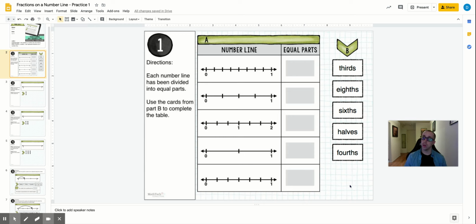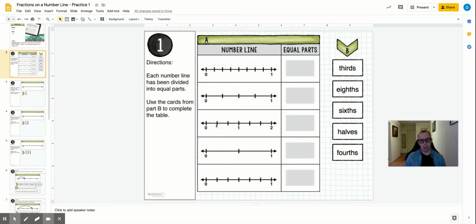We also learned that fractions can go beyond 1, okay, and we'll see that a little bit. So if you wanted to start at 0, you would count till you got to 1 to see how many parts there are. So it would be 1, 2, 3, 4, and then you'll keep counting to find which of these denominators, you're counting to find the denominator, goes with each number line.